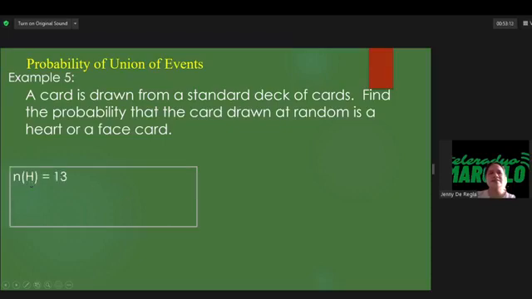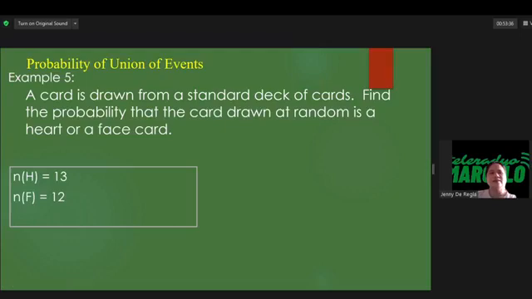So the number of set of elements for the heart card is equal to 13. So 1 to 10 heart cards plus the 3 faces, King of Hearts, Queen of Hearts, Jack of Hearts. And then for the face card is equal to 12. So 4 times 3.